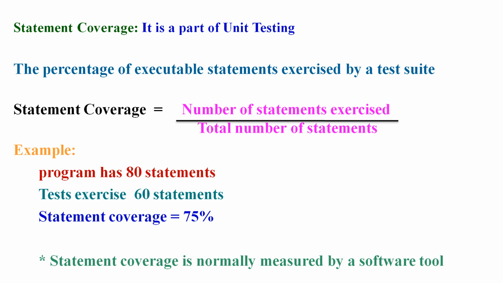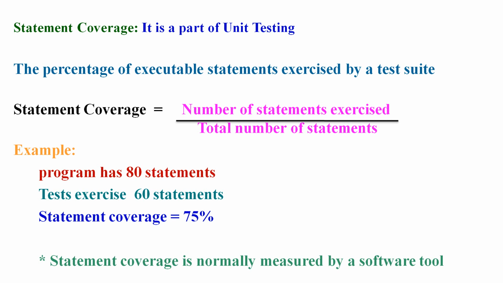Now, for example, here I have taken a simple example. Let us assume the program has 80 lines of code, that means 80 statements in total. Out of 80 lines of code, 60 lines of code got executed.